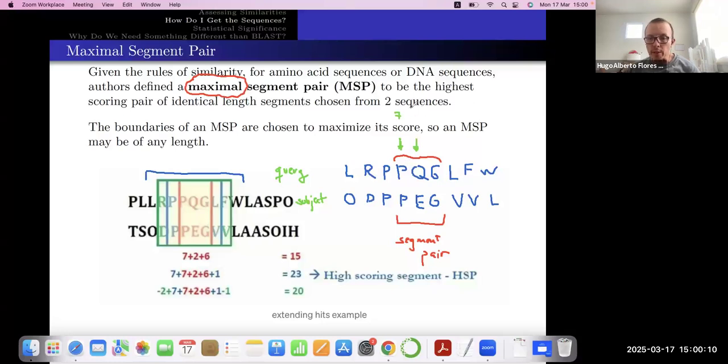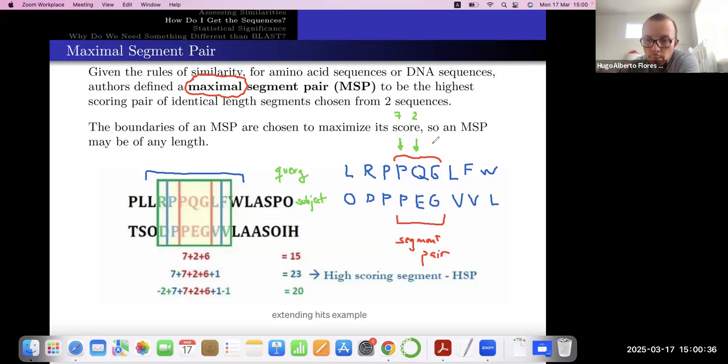So when you find Q and E together, we are assigning a 2. This is something that increases the score, not necessarily a very high value, but it's something like a substitution that is positive in the sense that it increases our score.